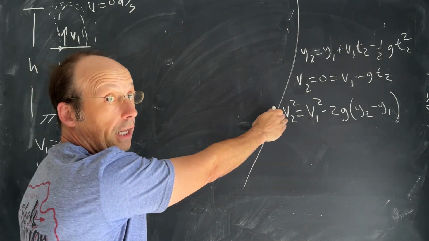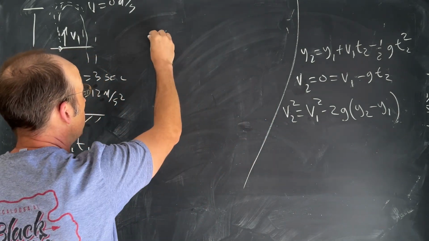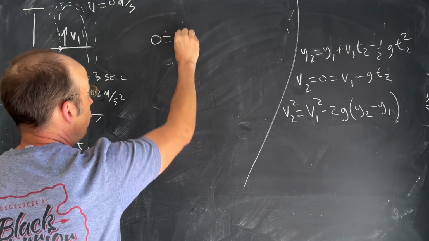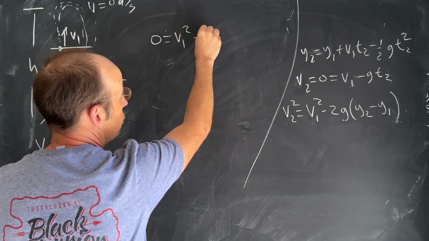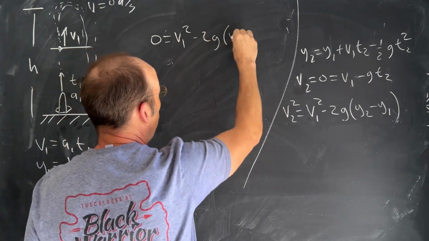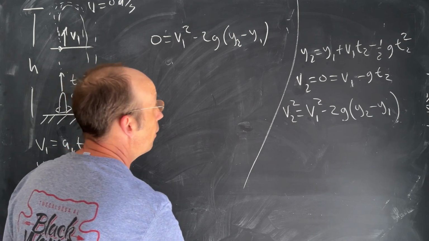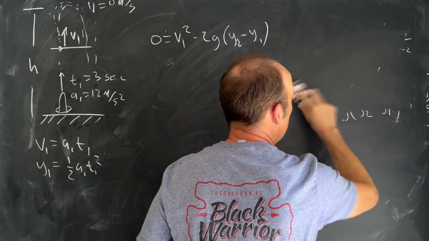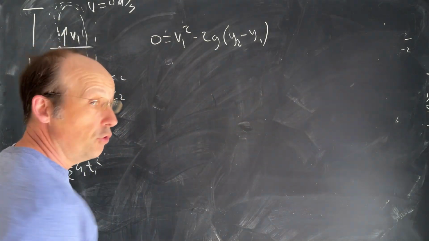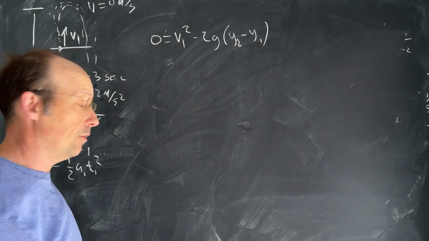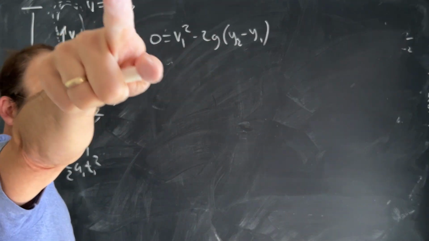My final velocity v2 at the highest point is 0. So I get 0 equals v1 squared minus 2g times (y2 minus y1). I'm going to solve this for y2, and then plug in my values. You could put your numbers in way before this if you wanted to. If that makes you happy, then that's what you should do.